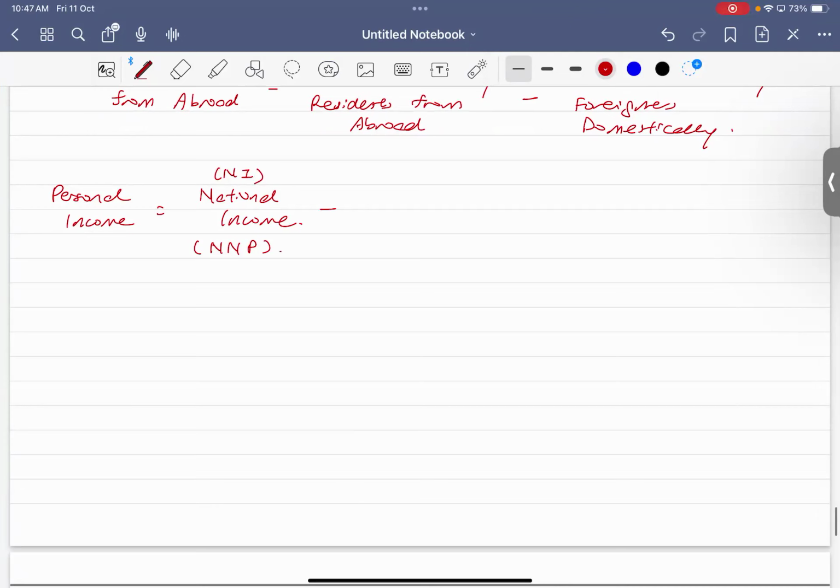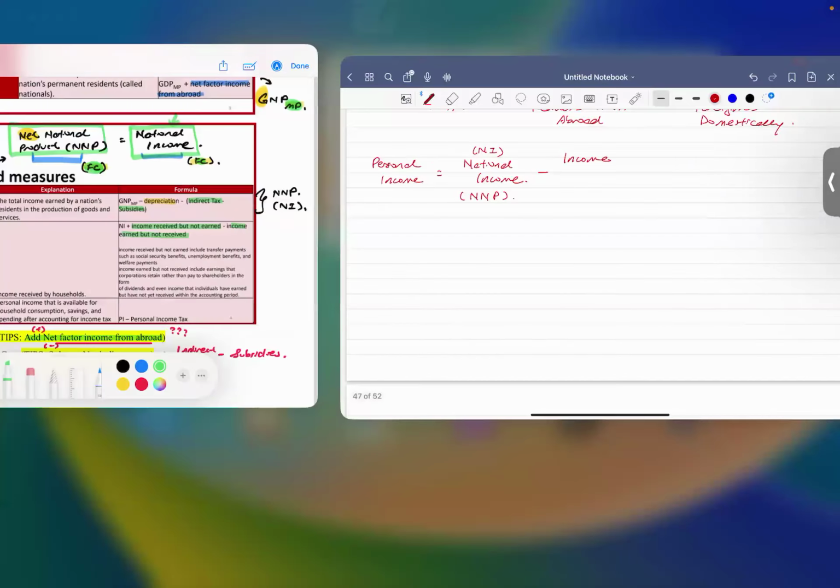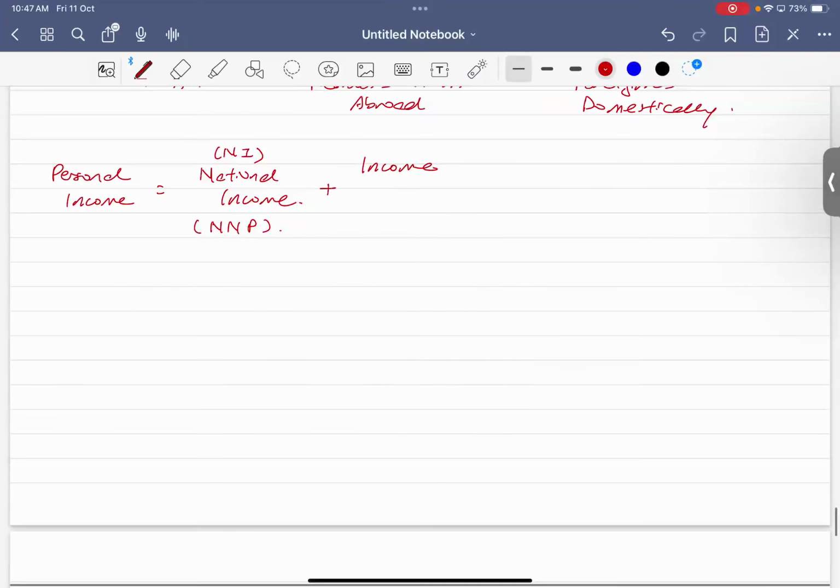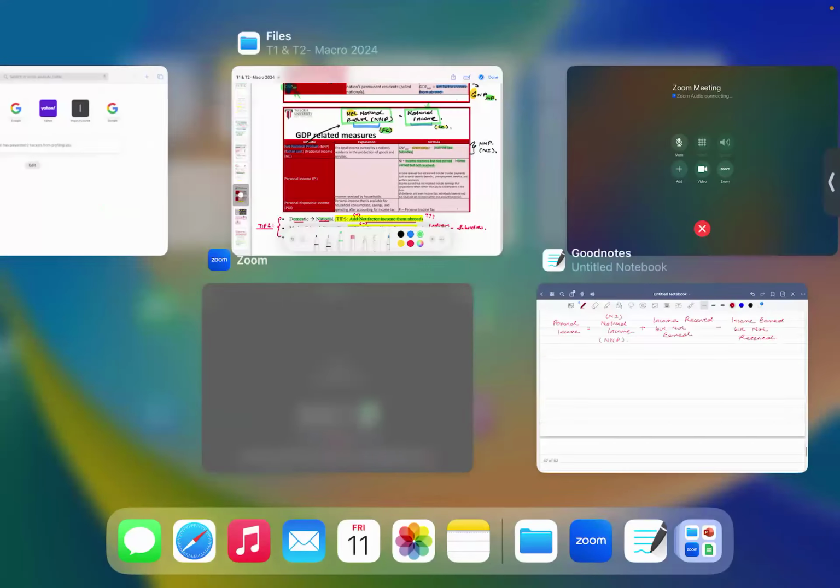Plus income received but not earned. Plus income that you receive but not earned. And minus income earned but not received.